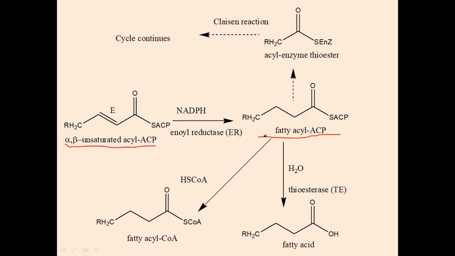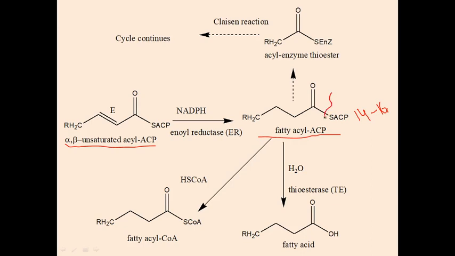Here three reactions can further occur. If this fatty acyl ACP has around 14 to 16 carbon atoms, and if the cell's target is achieved, then it can undergo cleavage.